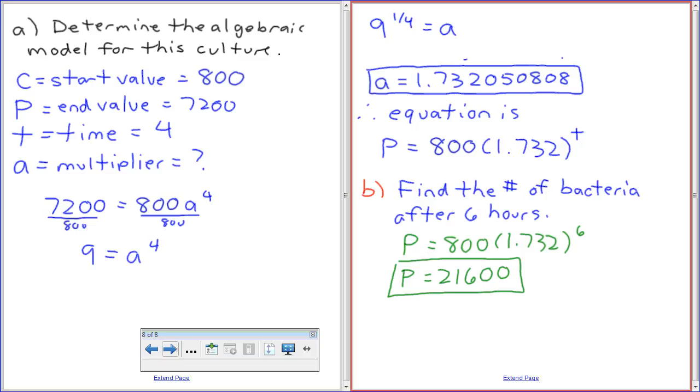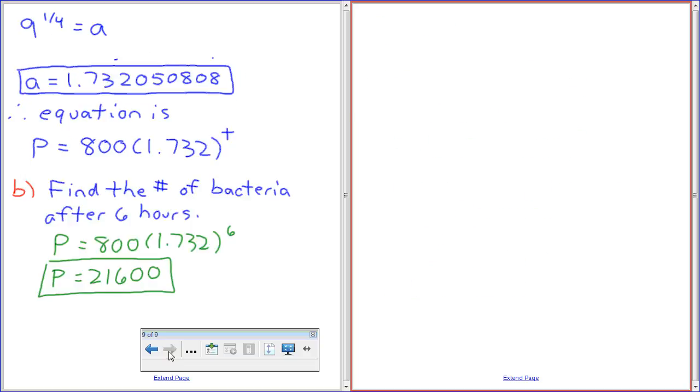Okay, here we go. Letter C says, find the average rate of change. Oops. That's the instantaneous rate of change first at 5 hours.